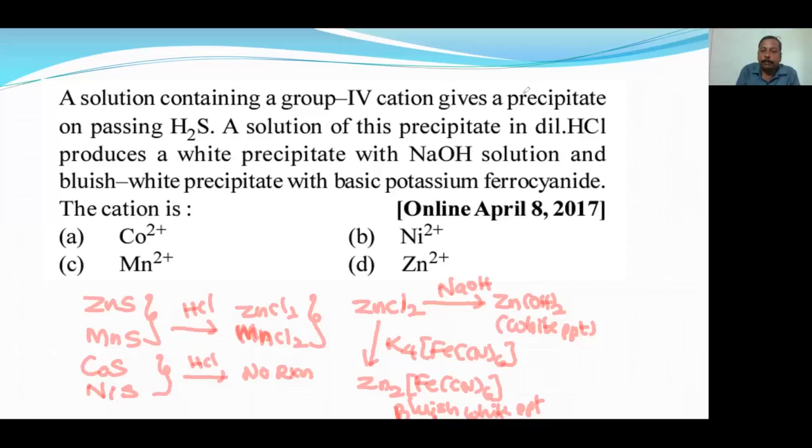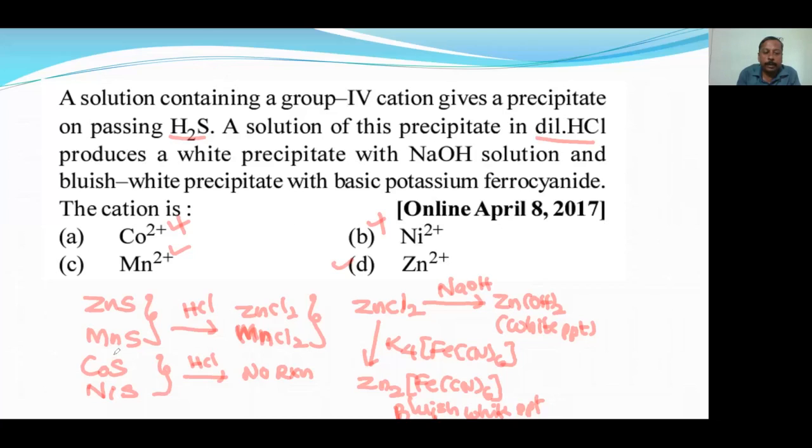So here is the complete detailed information. Now you are given four options. It can be cobalt, nickel, manganese, or zinc. First we are reacting it with dilute HCl. Once you react with dilute HCl, only zinc 2 positive and manganese 2 positive will react, whereas cobalt and nickel, after treating with sulfide, form sulfides.